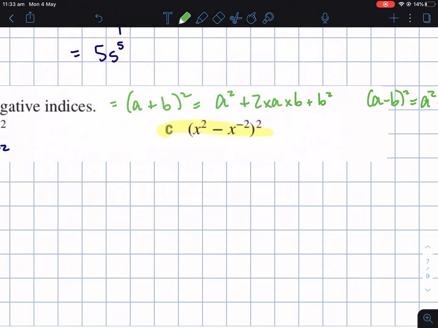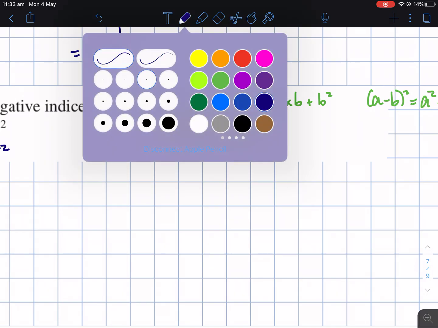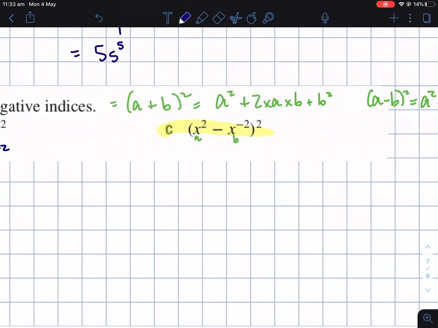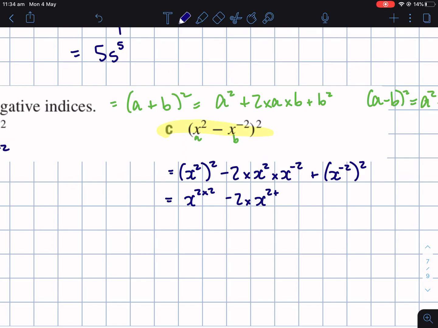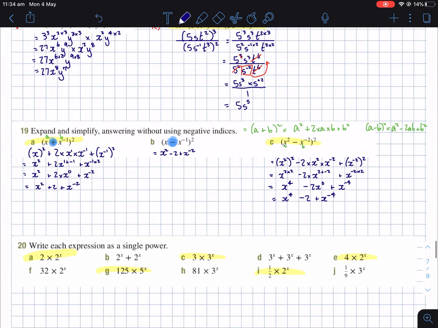So here, this one's my A, this one's my B. So here I've got x squared, take 2 times x squared times x to the minus 2 plus x to the minus 2 squared, which gives me x to the 2 times 2, take 2 times x to the 2 plus negative 2 plus x to the negative 2 times 2. This one gives me x to the 4, take 2x to the 0 plus x to the negative 4, x to the 4, take 2 plus x to the negative 4. Fairly straightforward.